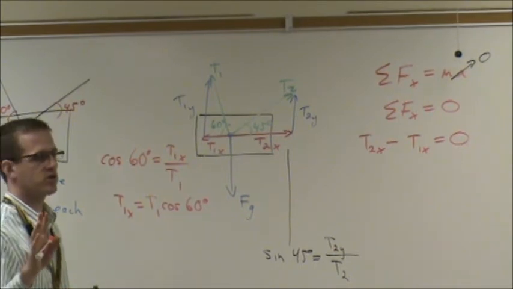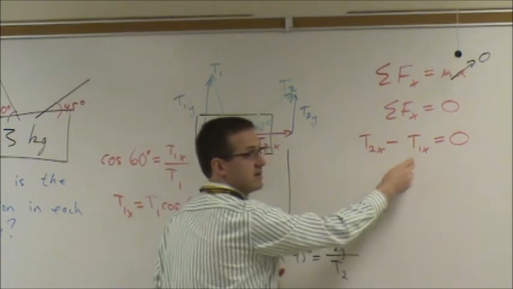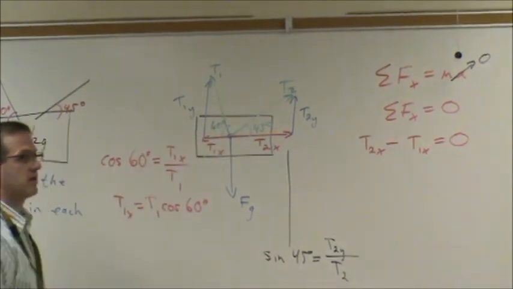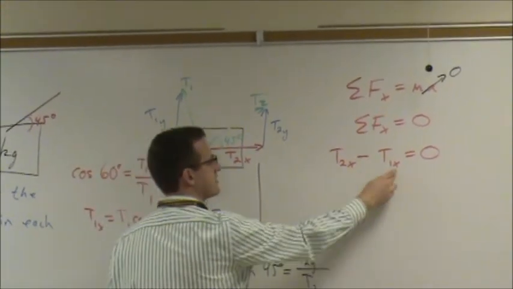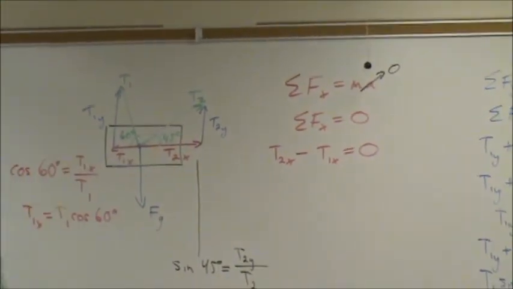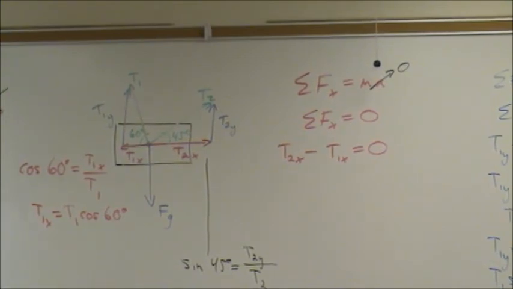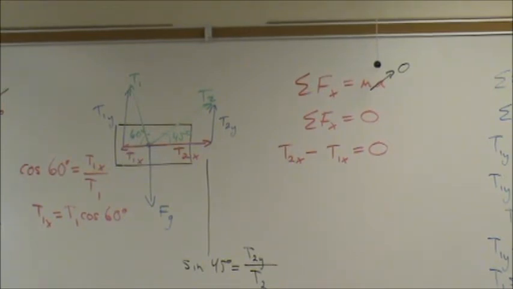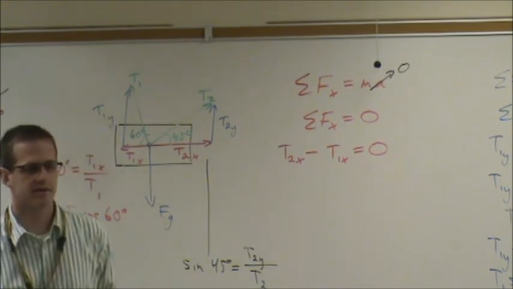Now in your notes, I want you to try this on your own. Fill in these two spots. I just gave you one of them, it's T1 cosine 60. See if you can do that. And then once you've tried it, see if you got it right.